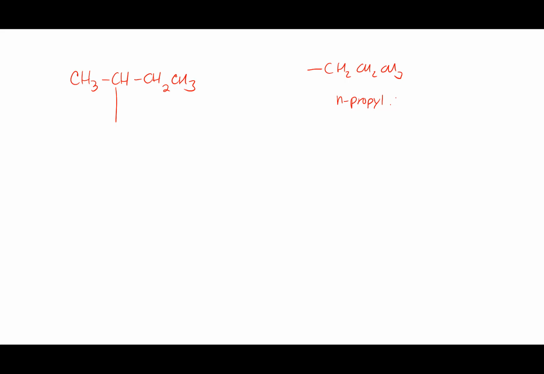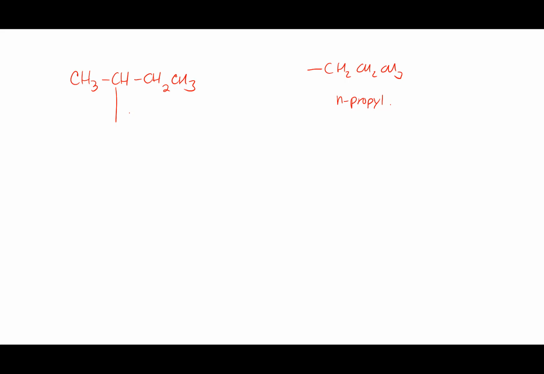You don't alphabetize N. Anything that has a hyphen is not alphabetized. So this one right here is, and I'll give you an insight in terms of how we do the common names, because there is a system. Total carbons is 4, butyl. This is the butyl group that has the connection to the secondary carbon. And what are primary, secondary, tertiary, and quaternary carbons?